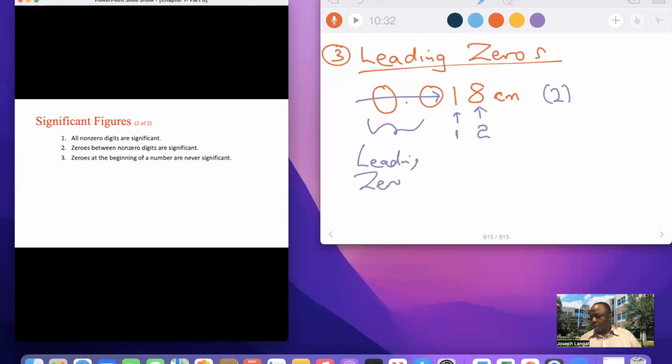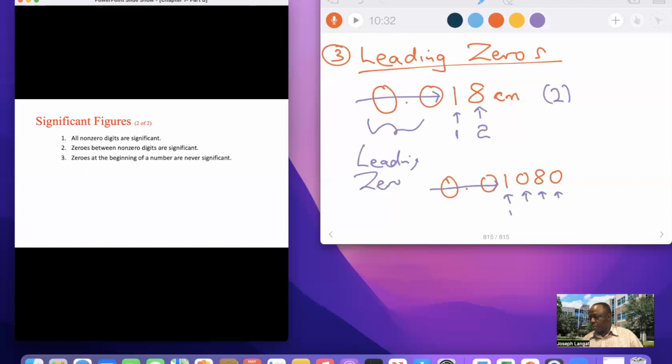Be careful when we have a number such as 0.0108, for example. I can have a 0 there. The zeros at the beginning here do not count. It will take practice to know. So this one, 1, 2, 3, 4.